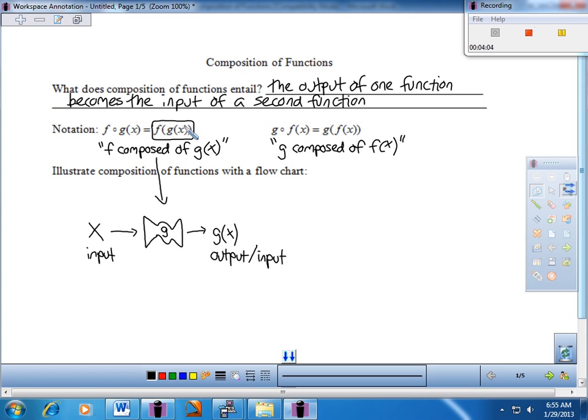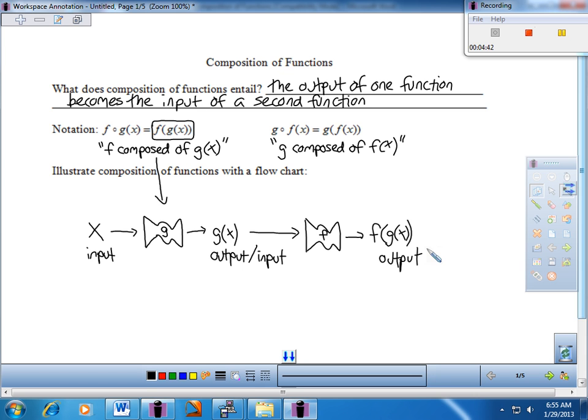So you have f composed of g of x. And so let's go ahead and put that in place. So that now travels into this function right here. We'll call that function f. F manipulates it, tells us what to do to that, and then out pops the final output, which would be f of that g of x. And so there you have it.